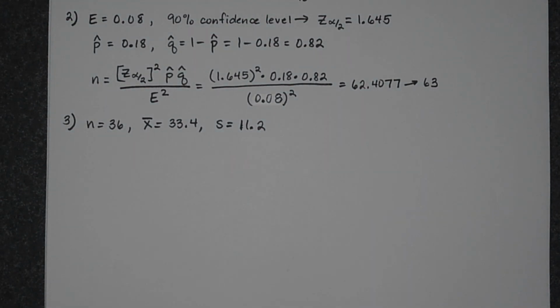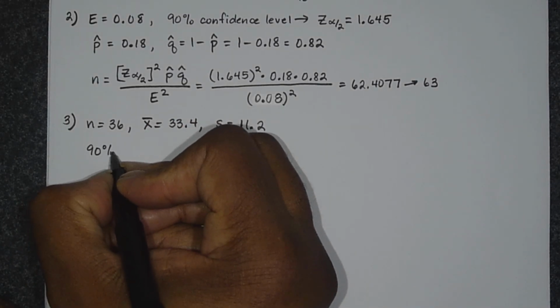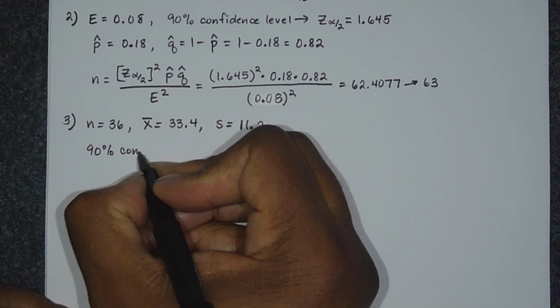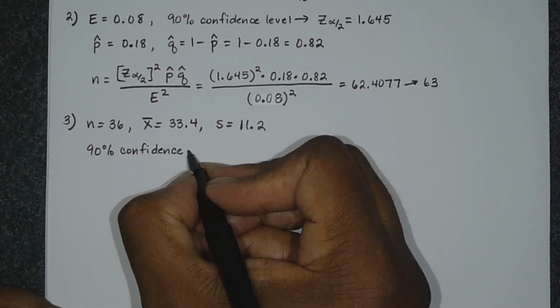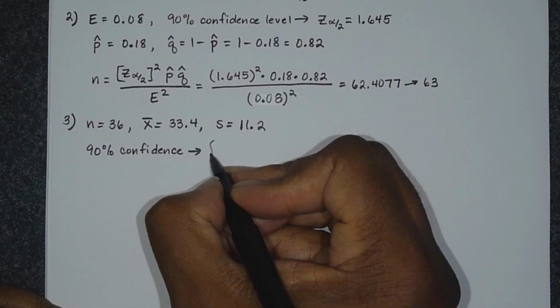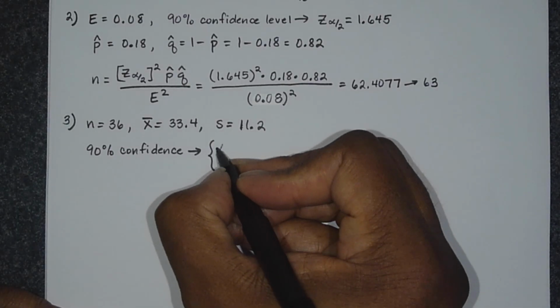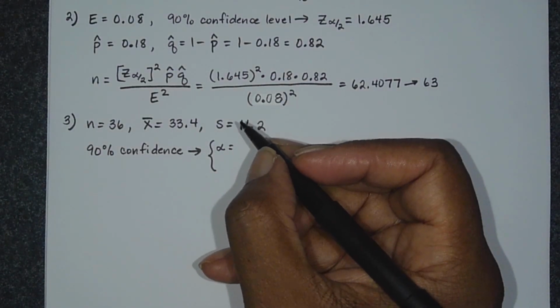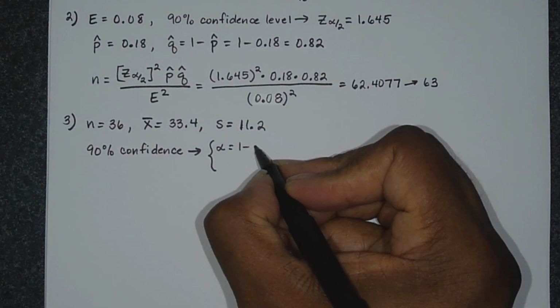Now we need our critical t value. This is where table A-3 comes in. And we're constructing a 90% confidence interval. Well, there are two things we need to know. If we're going to use table A-3, we need to know our level of significance, which is the alpha. That's always going to be 1 minus your confidence level.